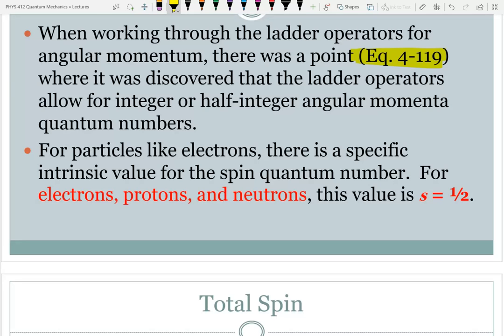When we found the eigenvalues for L squared, it turns out that it's consistent if you have integer values for L, which we already had. It was a requirement we already have. Or if we had half integers, if L was equal to 1/2, 3/2, 5/2, that would also have been consistent. So there's only two possibilities, integers or half integers.